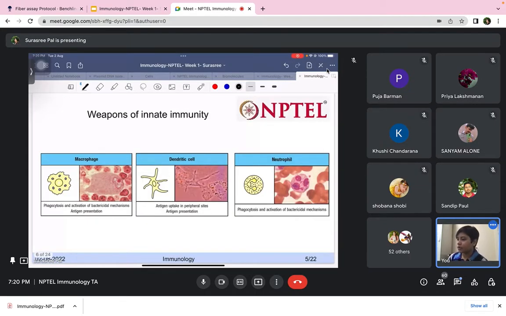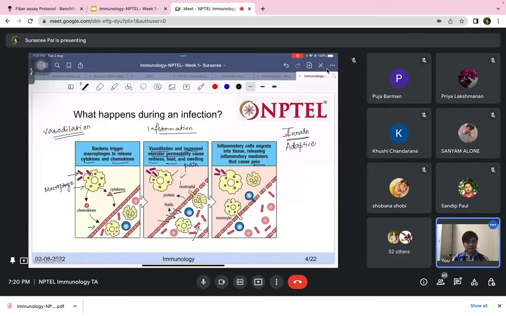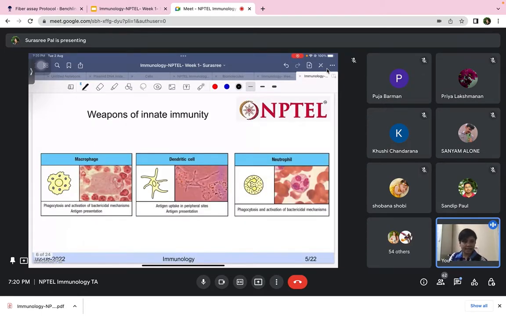And here I will just introduce you to some of the cells which are crucial for this kind of innate immune response. So what are the innate cells of our body? First is the macrophage, which I was talking about so far. Macrophage causes phagocytosis and activation of bactericidal mechanisms, and it also presents antigen.